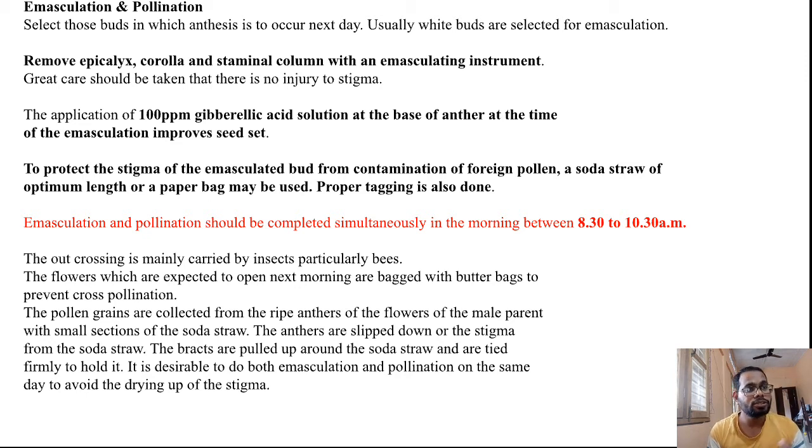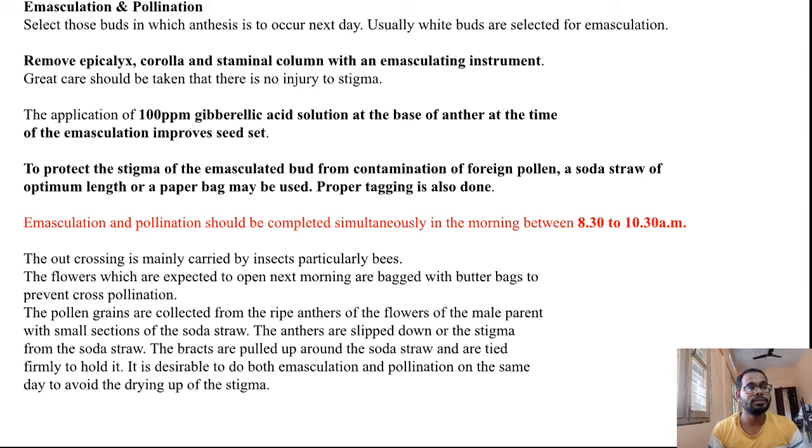So the chances of seed setting will be hampered. So we have to take care about damage to the stigma during the removal of the apicalyx, corolla, and staminal column in the flower.